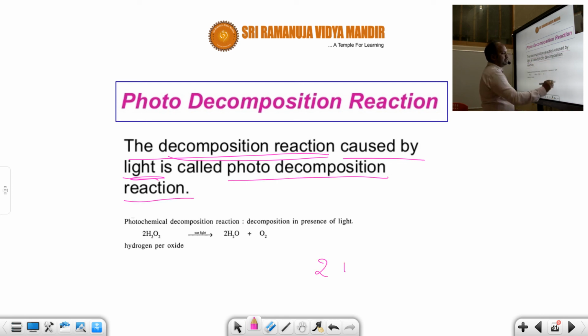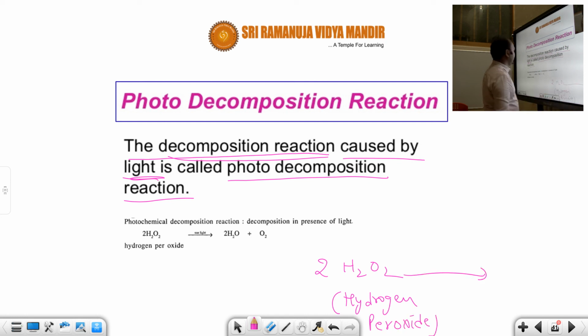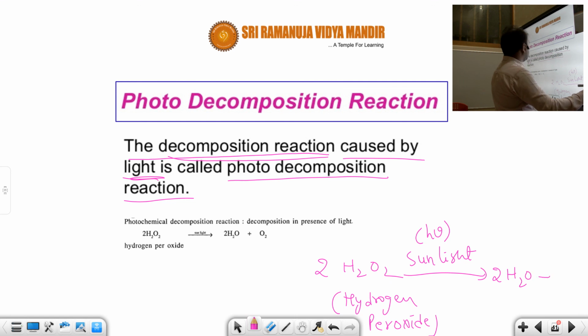For example, if you take hydrogen peroxide, H2O2, in the presence of sunlight, sunlight can be designated as h nu. What is h nu? It will be decomposed into H2O and O2.